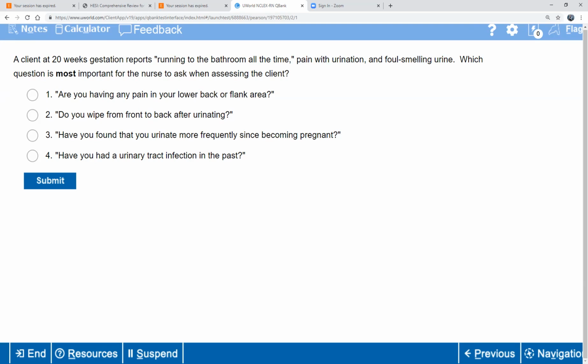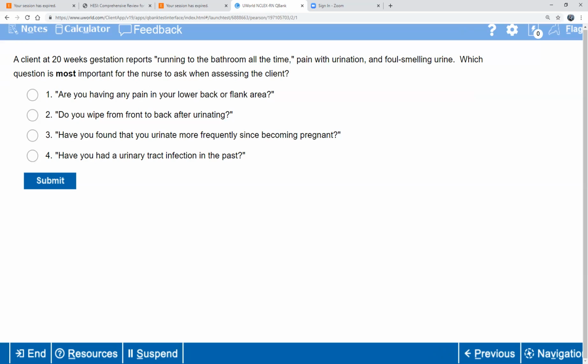And if you had one, it's going to tell you more about the condition that the patient's having. 2 is going to tell you about the possible cause, which really isn't going to help with the issue. No, not at all. Okay. 3 might be true, but it's not the frequent urination that's an issue here. She has pain and foul smelling urine.